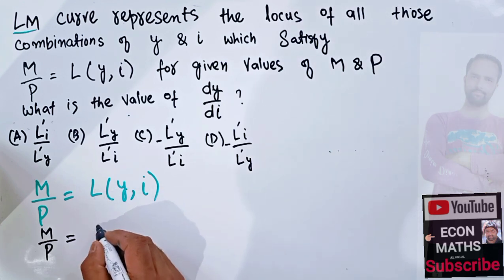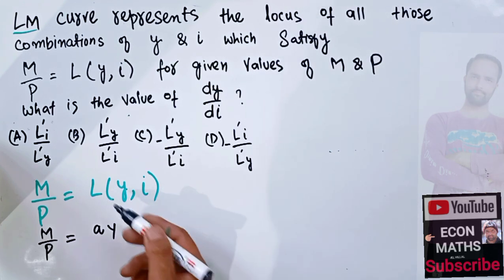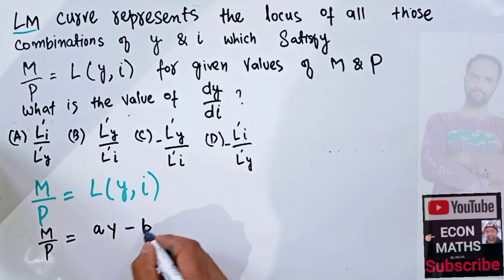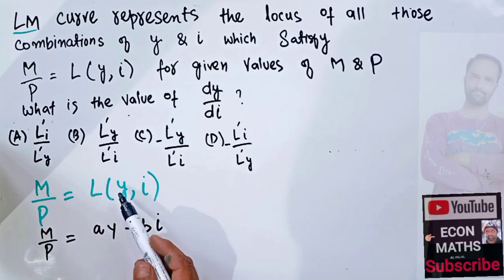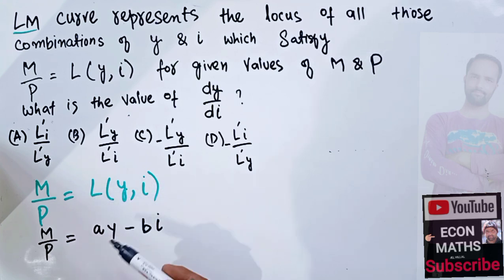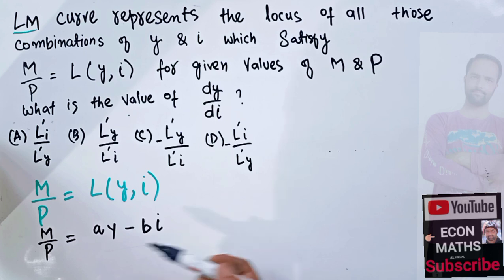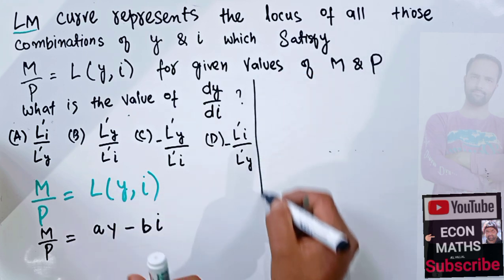Let's denote it by AY minus BI. That means demand for money, L, is a function of income and rate of interest. Demand for money is a positive function of the level of income and a negative function of the level of interest rate. So in place of this I have written this here.